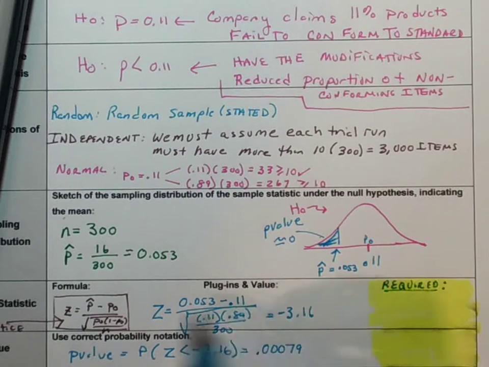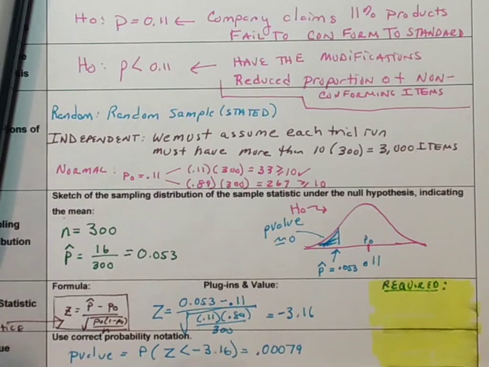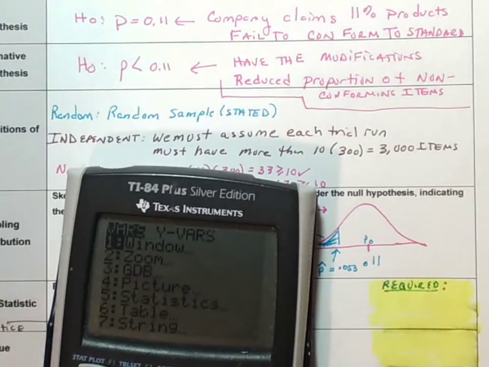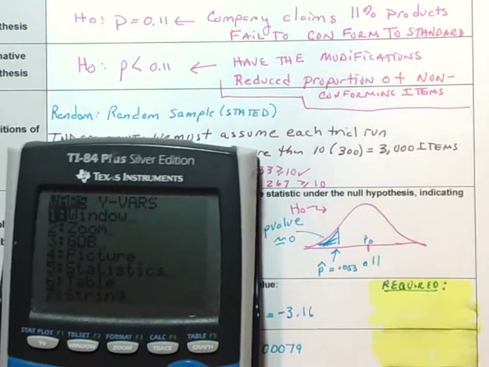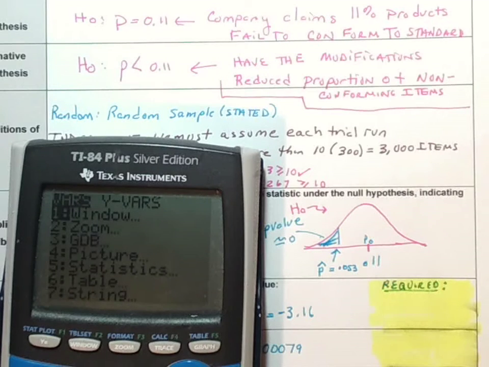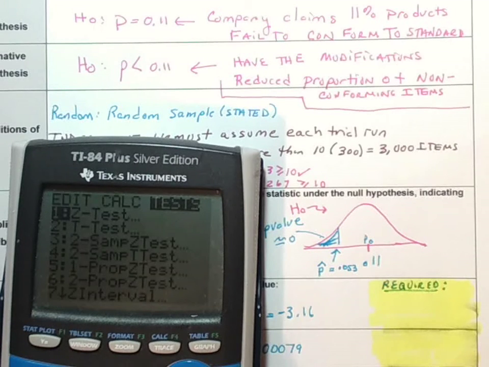So this is the work that, if you had time, would be great to do. If you didn't have time, then you should go to your calculator and know which test to do. So you're going to go to Stat, Tests, one proportion z-test.